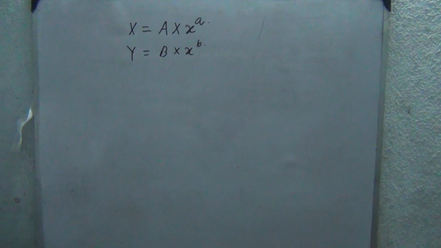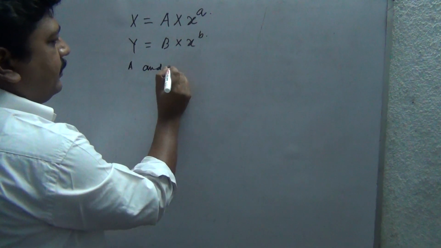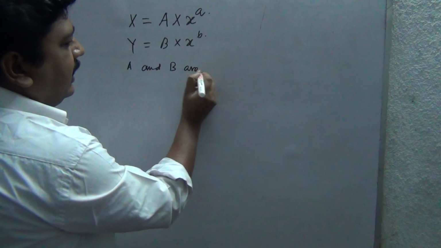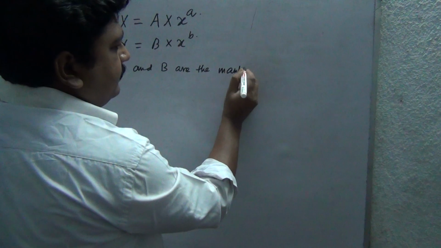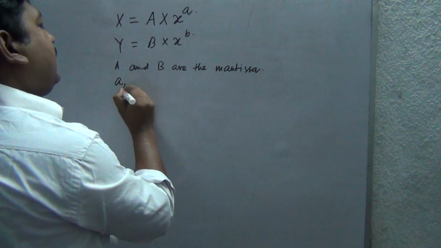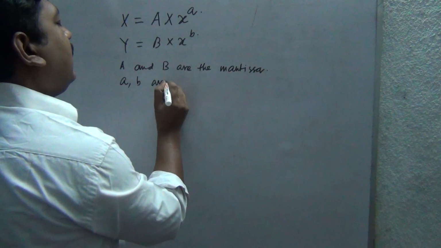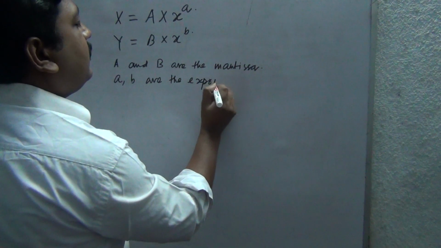Here a and b are the mantissas, and the powers a and b are the exponents.